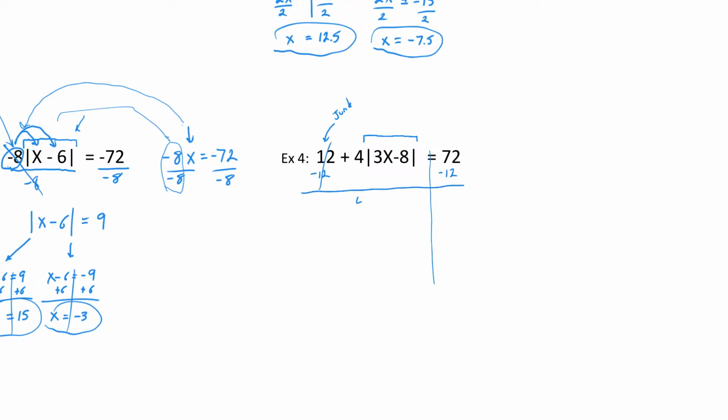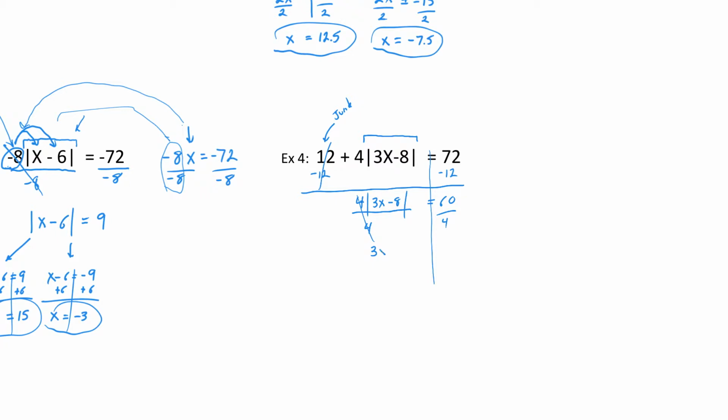We're still left with 4 times the absolute value of 3x minus 8 on this side, and we end up with a 60 on this side. Now, that was the junk. Our next step is divide. Even though it looks strange, this 4 in front is multiplied by the absolute value. So we're going to divide. Still comes back down to junk and divide. Whatever you do to one side, you do to the other.